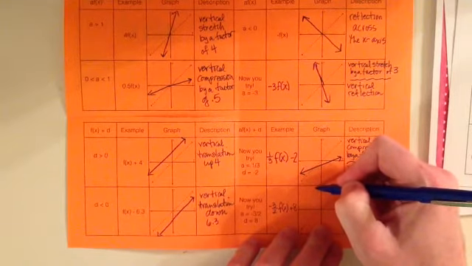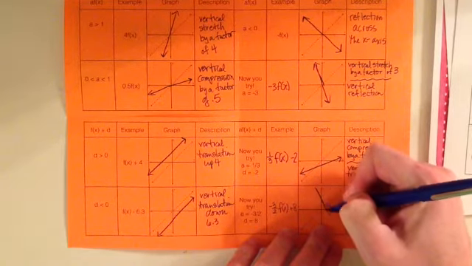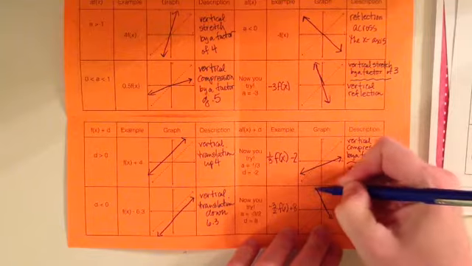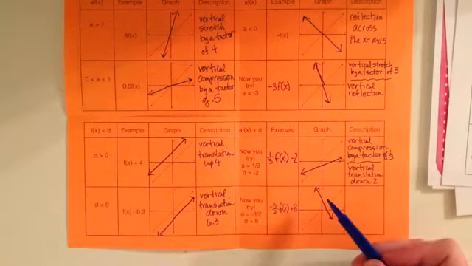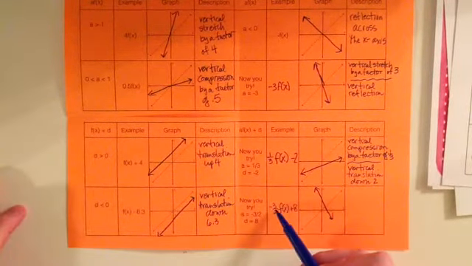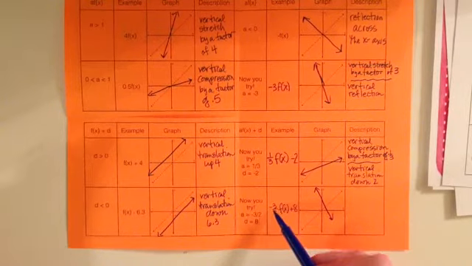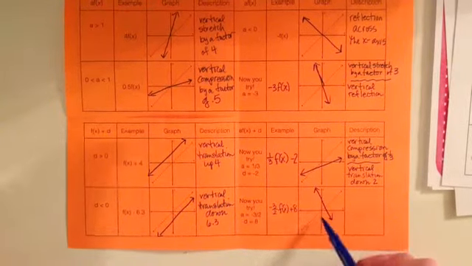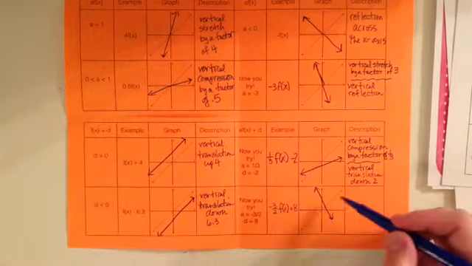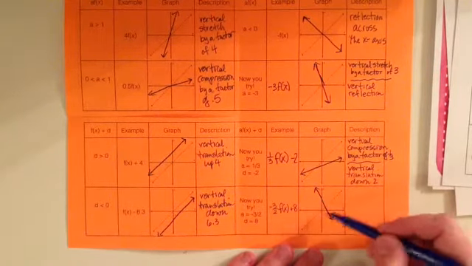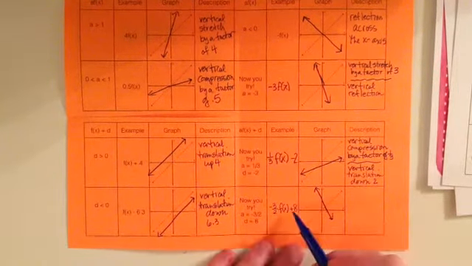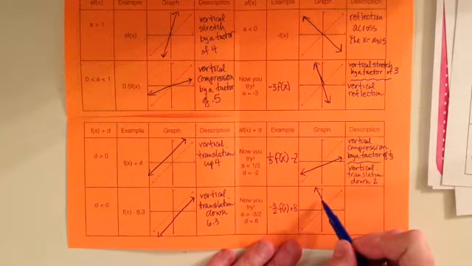Something to the effect of this. First of all, I have a stretch, so I brought the line closer to the y-axis. It's a reflection, so you see how I reflected it across the x-axis, and I had to move it up 8 on the y-axis.